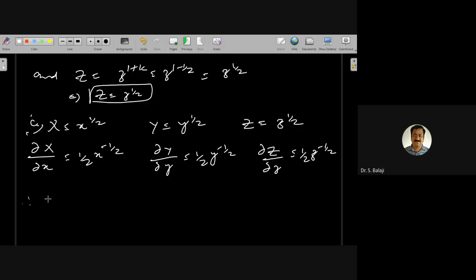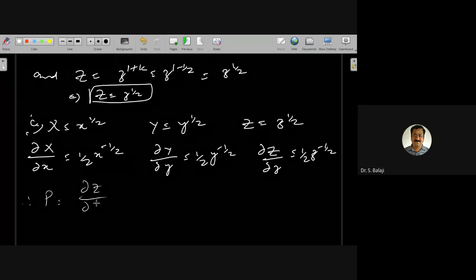Now capital P, capital Q, that you have to write here. Capital P is equal to, because everything gets changed here: X gets changed, Y gets changed, Z also gets changed. Therefore, dou capital Z by dou capital X will be written in a convenient manner.